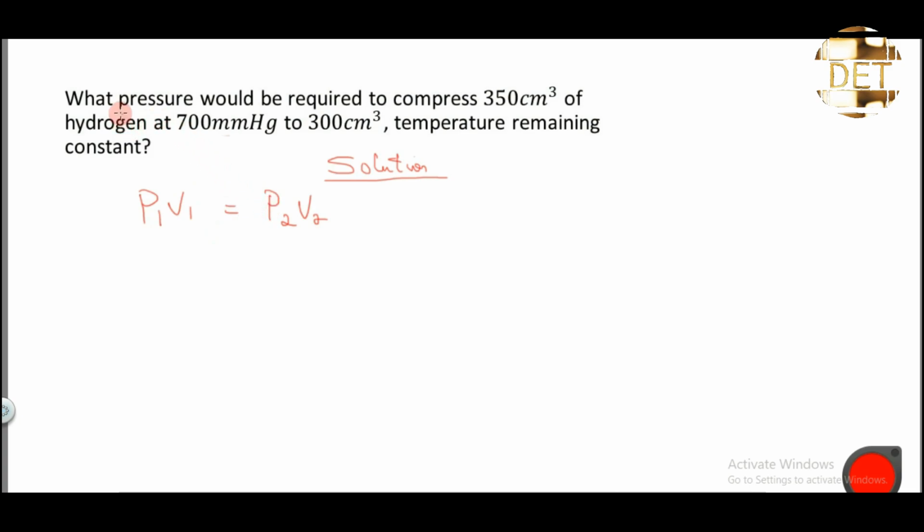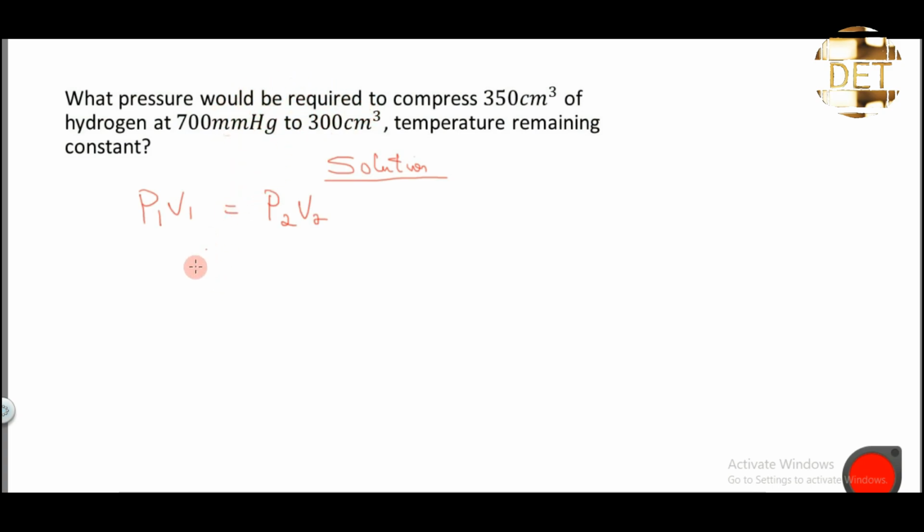So again, the question is, what pressure will be required to compress 350 centimeter cube of hydrogen at 700 millimeters of mercury to 300 centimeter cube? So what pressure will be required to compress this hydrogen gas that is having 350 centimeter cube of volume and 700 millimeters of mercury to 300 centimeter cube volume?